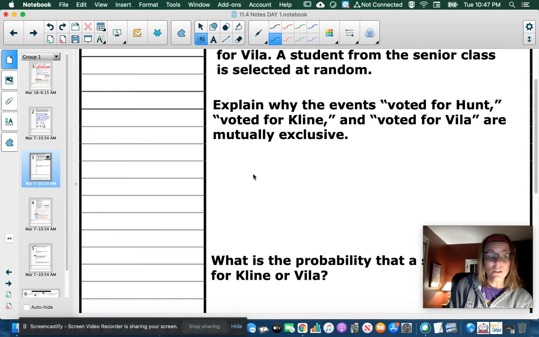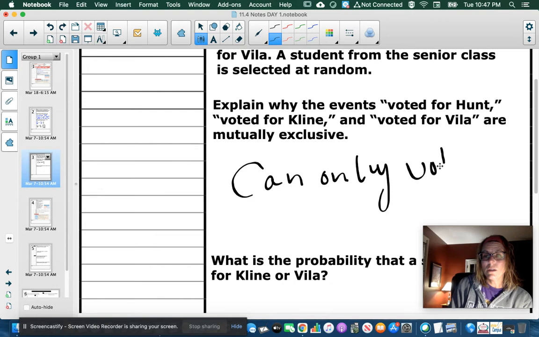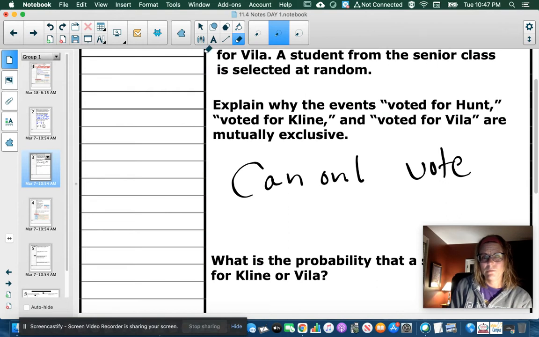They're mutually exclusive because you can only vote for one person.